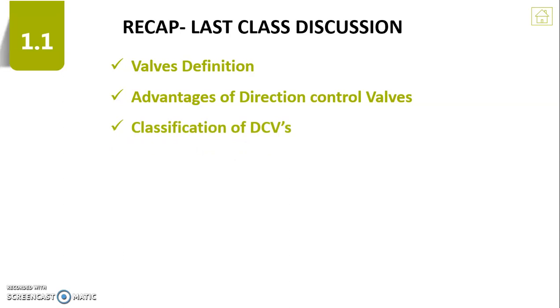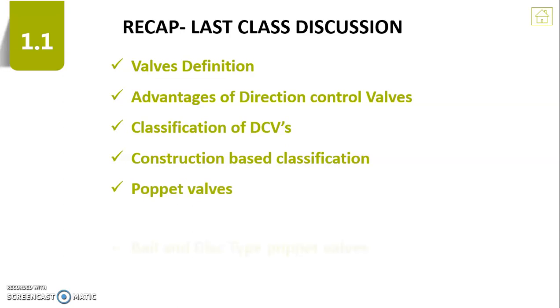And then we discussed the different classifications of DCVs. Based on construction, it is classified by number of ports and number of positions. It is classified based on operation or actuation, like manual actuation, mechanical actuation, or even solenoid actuation. Further, pilot type, hydraulic or pneumatic actuation. In construction it is classified as poppet and spool type, where we discussed different types of poppet valves.